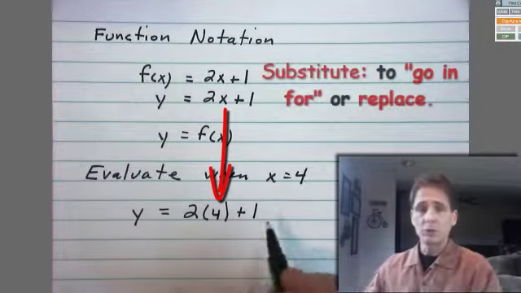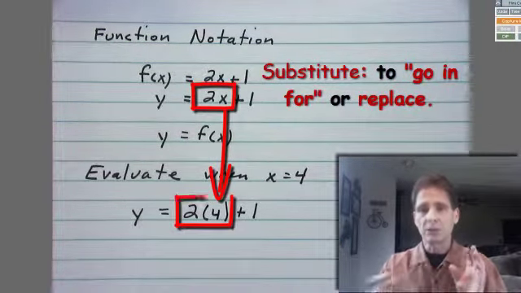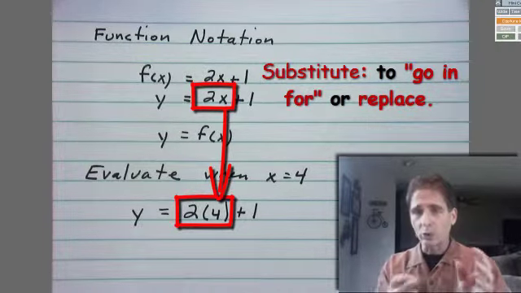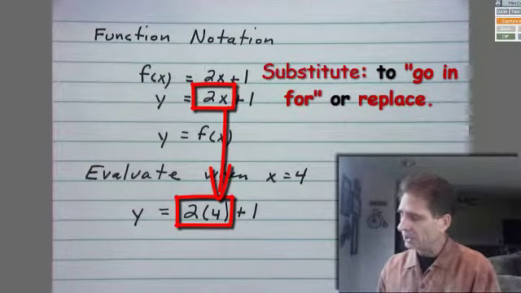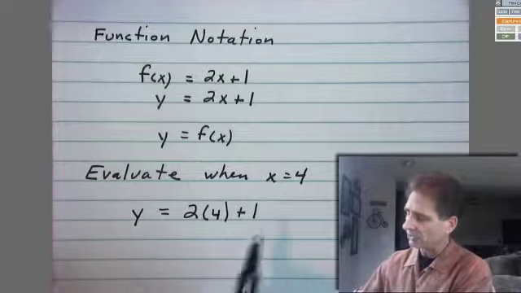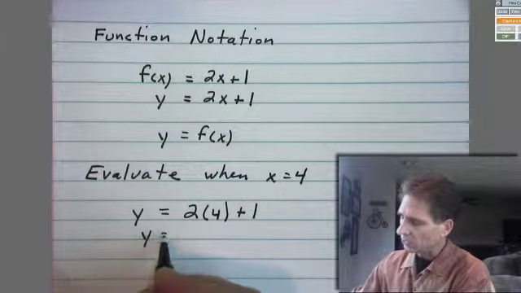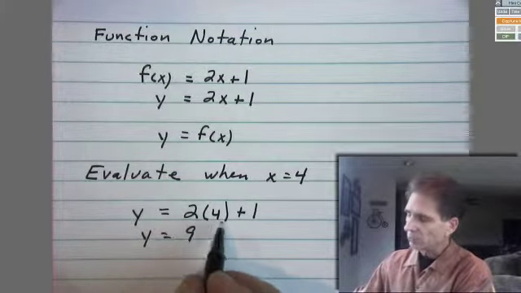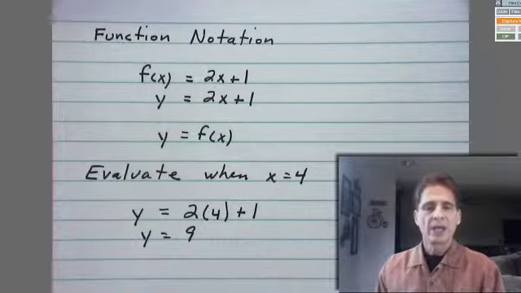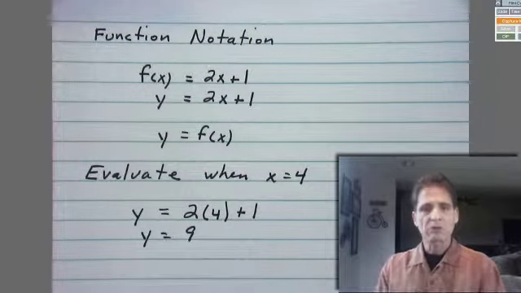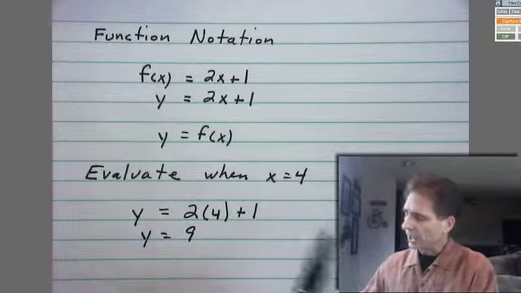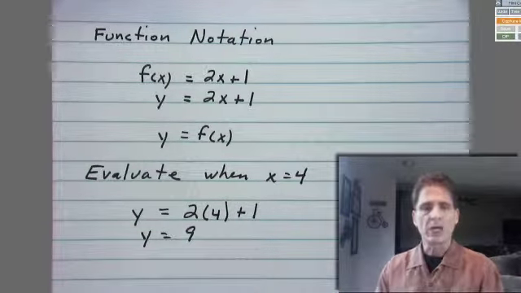Substitute is like in sports when you substitute a player in for another player, they go in for or replace them. So that's what's happening in substitution. It's replacing the x. We end up with y equals 2 times 4 plus 1, which is 9. Now, that's perfectly fine. We've just evaluated that when x equals 4, y equals 9.